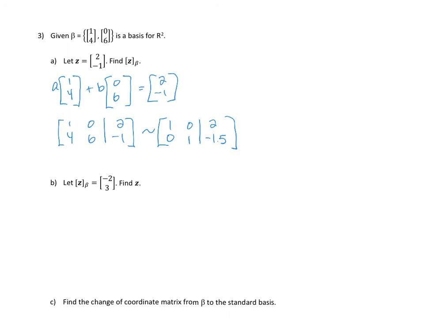So when I translate this back to equations, this says 1a plus 0b equals 2, 0a's plus 1b equals negative 1.5. So the coordinate vector for z with respect to the basis beta is 2, negative 1.5.